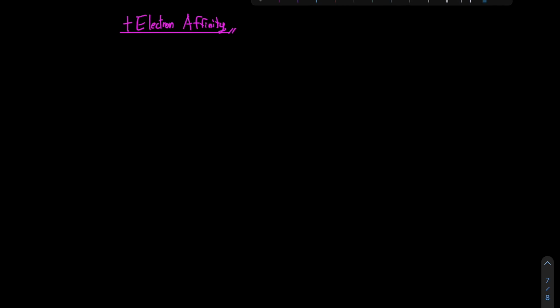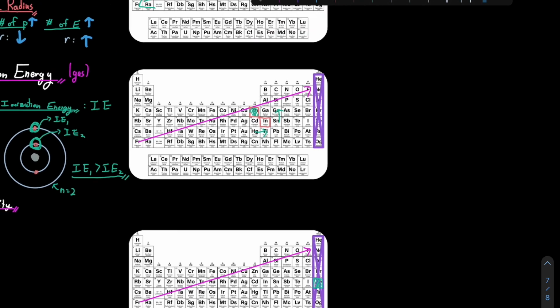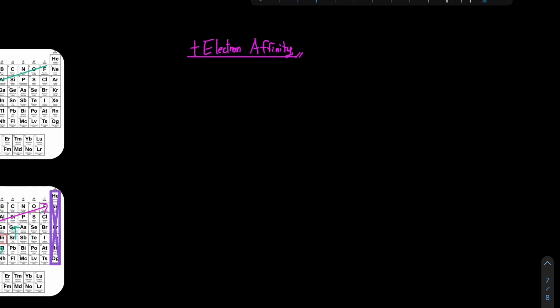So it's basically quite opposite from ionization energy. Ionization energy is the energy that is emitted when an electron is lost from an atom. And electron affinity is the energy that is absorbed, or the change of energy, when a gaseous atom receives an electron.